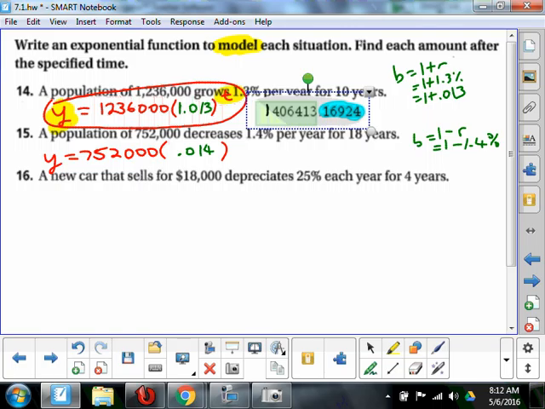Is that right? Heck no, it's not right. 1.4% is just a little bit of decay. And a little bit of decay means that the b value's got to be real close to 1, and 0.014 is nowhere near 1. Does that make sense? I hope so. And I'm going to raise this to the t power.